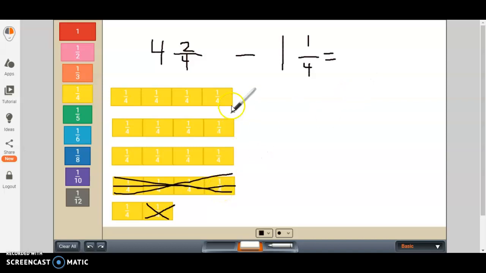Which means all I have to do is count that I have 1, 2, 3 wholes and 1/4. And if I look, that makes sense, right? 2 fourths minus 1/4, 2 minus 1 equals 1. 4 minus 1 equals 3.